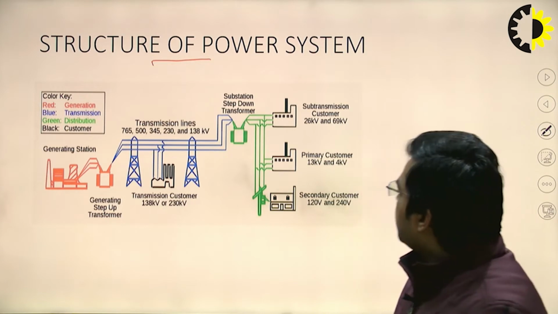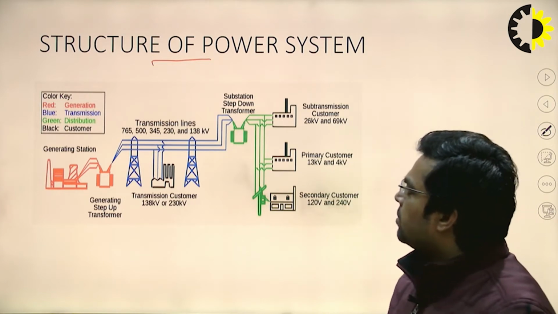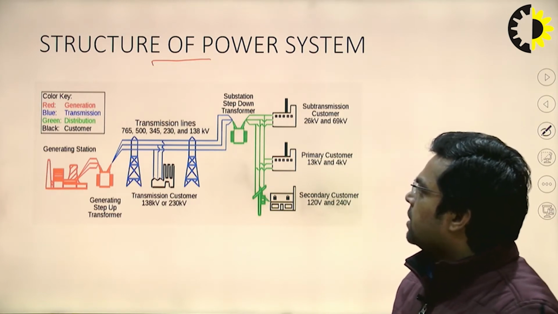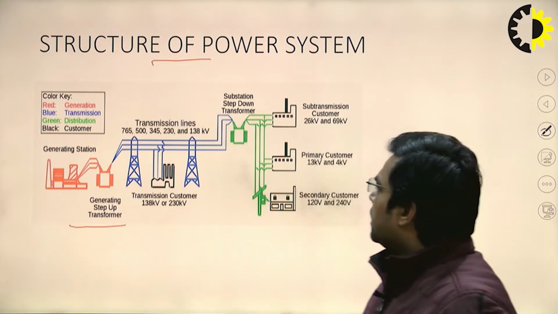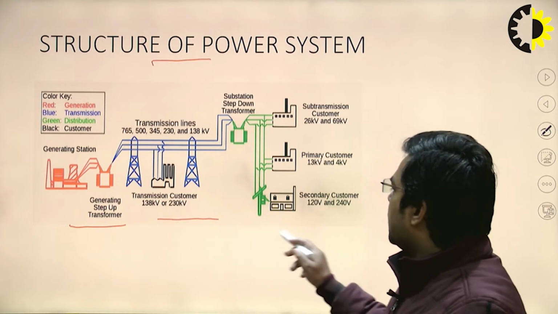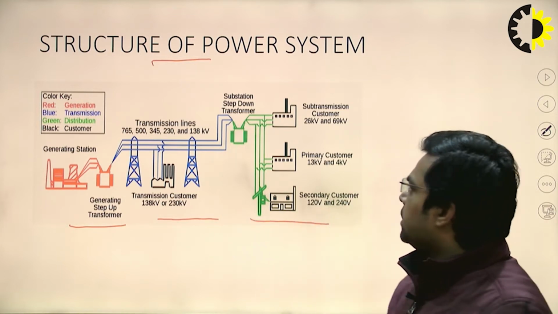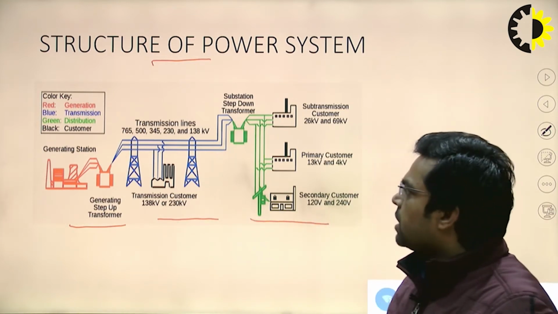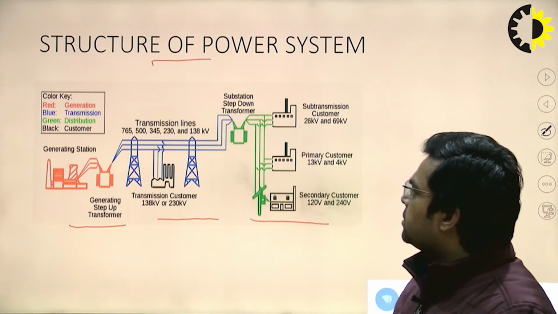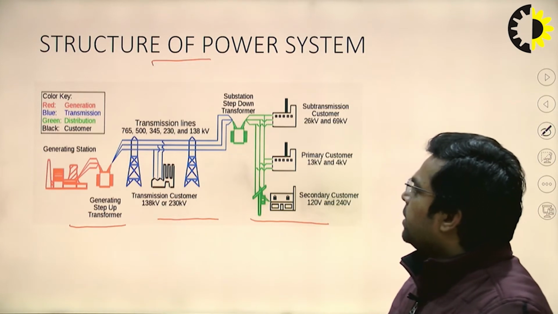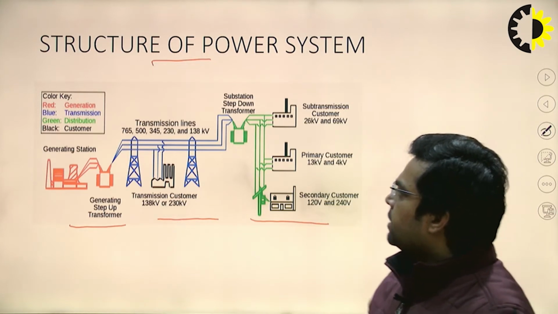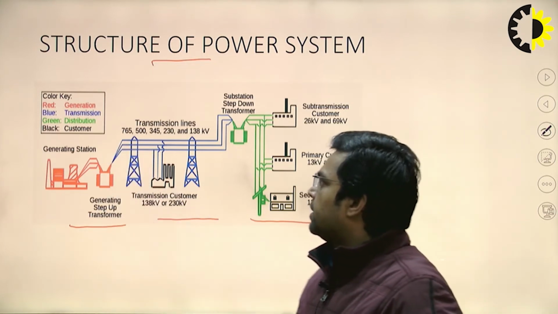Basically, a power system is a structure of 3 parts. First one is generation, another one is transmission, and third one is distribution. This generation, transmission, and distribution has been shown in this diagram by some colors. Generation we represented by a red color.